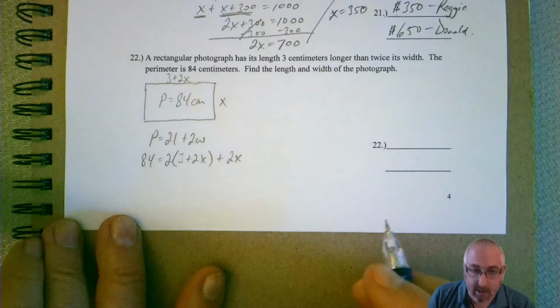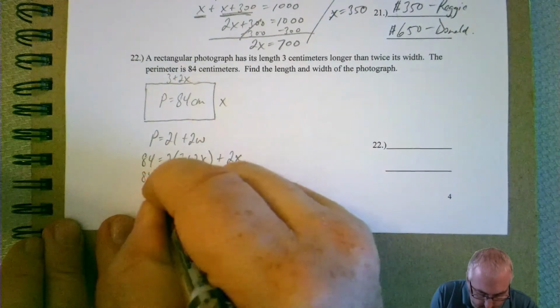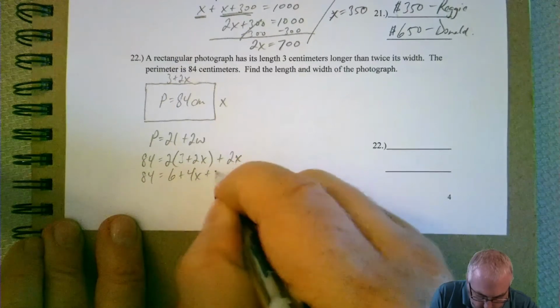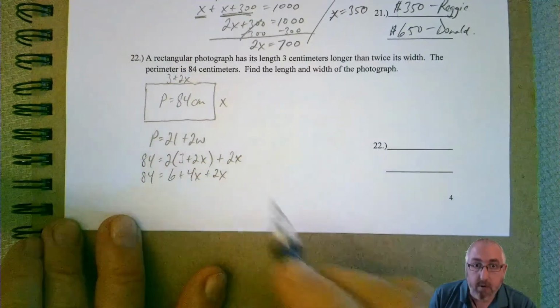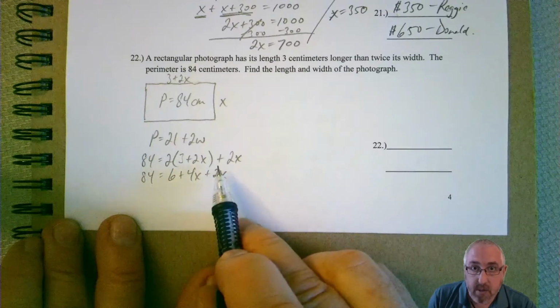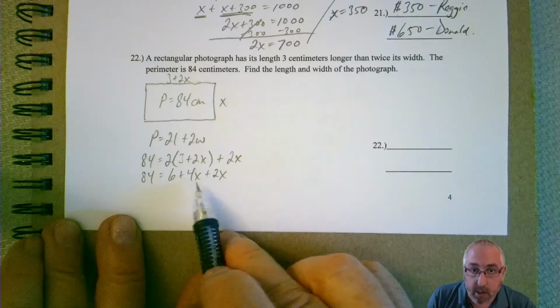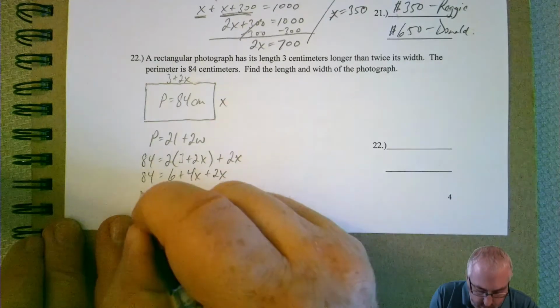Now we can just break this down. So first distribute to get rid of the parentheses. So 6 plus 4x. Now we can combine like terms.